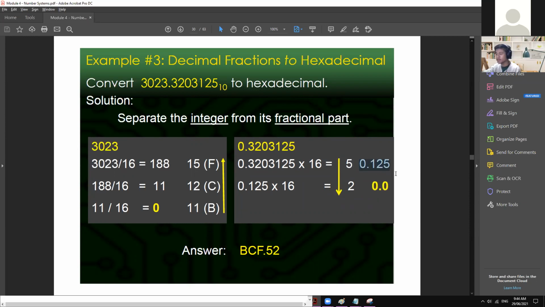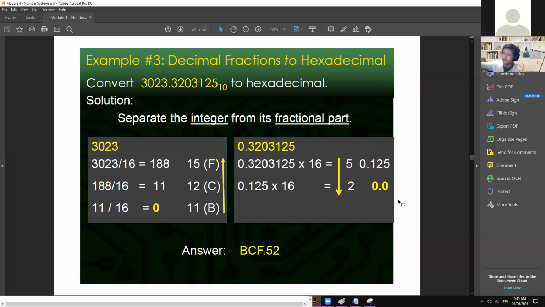Just to get this one again, 0.125 times 16, you'll get exactly 2. Remainder 0, or fraction part 0 rather, not remainder. Once this one is already 0, then you can start reading the integer part from top to bottom. So it's 0.52. Then you can combine them as BCF.52.